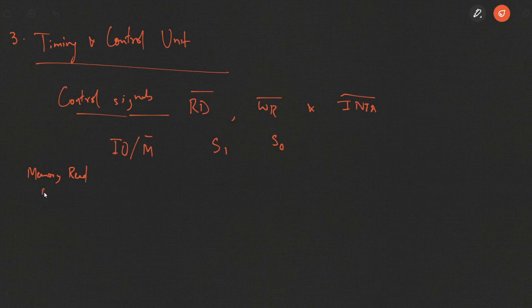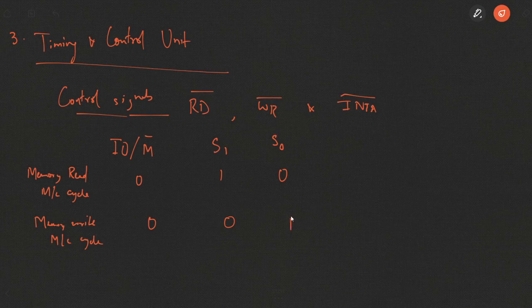For different machine cycles, for example for the memory read machine cycle, IO/M bar will be 0, S1 will be 1, and S0 will be 0. For the memory write machine cycle, IO/M bar will be 0, S1 will be 0 and S0 will be equal to 1. Fine.